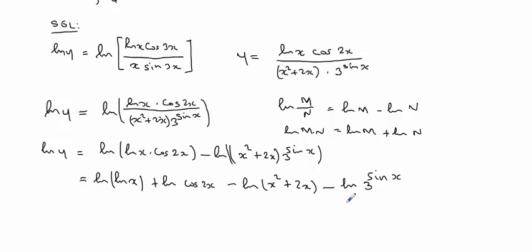Notice one thing here. Up to this point, we haven't done any differentiation. What we're just doing here, we're writing this expression in its simplest form. Now, when you get here, you can see we still have got a property of ln to apply here. So please don't start differentiating.